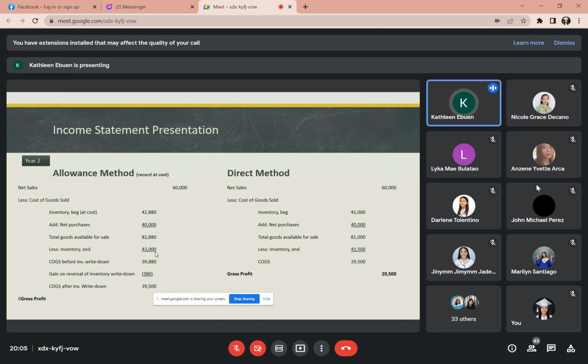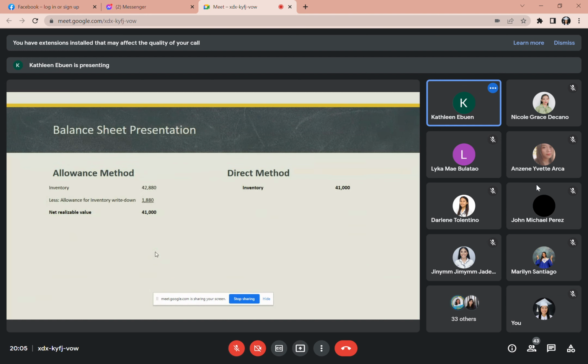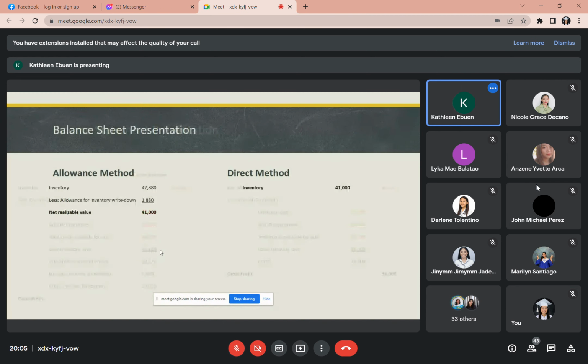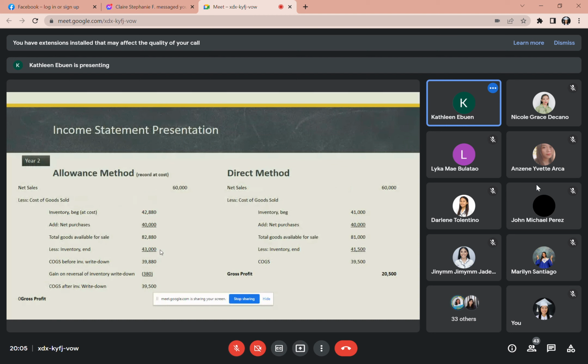Okay, we have 24,000 for the markers. And then, items naman is 19,000. So, 24,000 plus 19,000, magkano yun? 43,000.